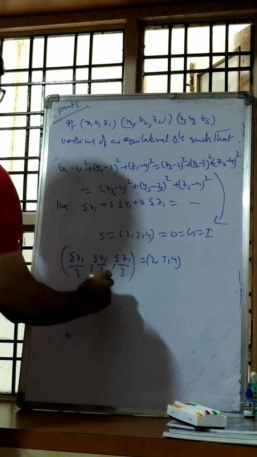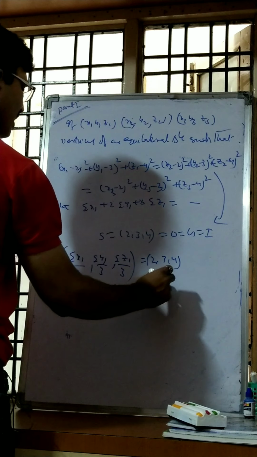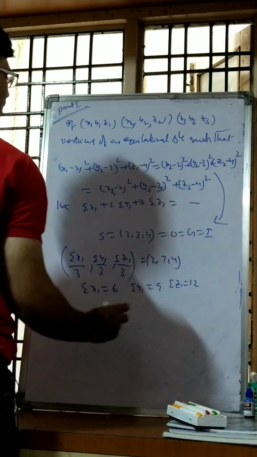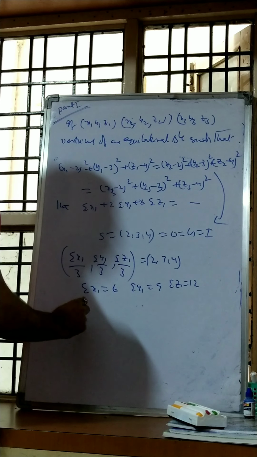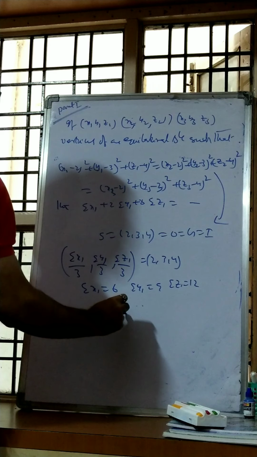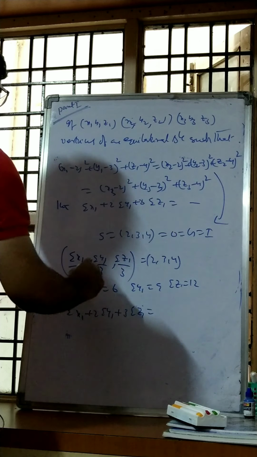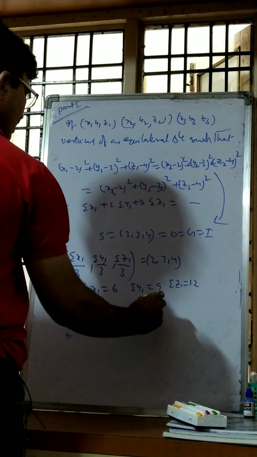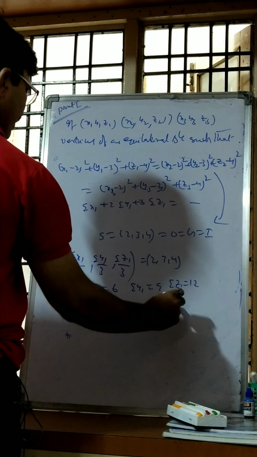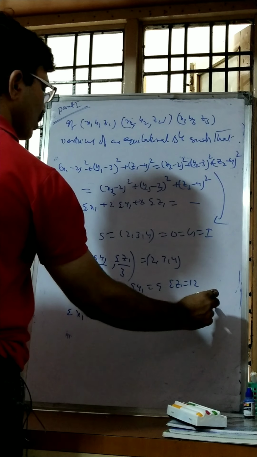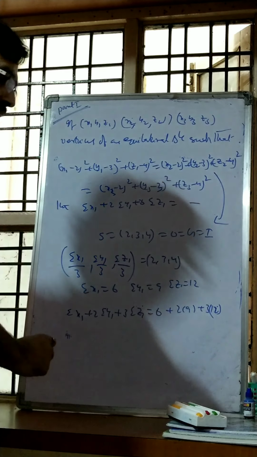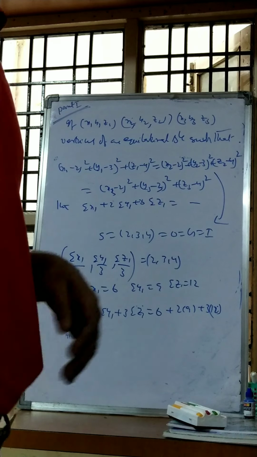So sigma x1 is 6, sigma y1 is 9, sigma z1 is 12, sir. Whereas here, sigma x1 plus 2 sigma y1 plus 3 sigma z1, now you can find what that is: 6, 2 into 9, 3 into 12. You are getting like this, sir.